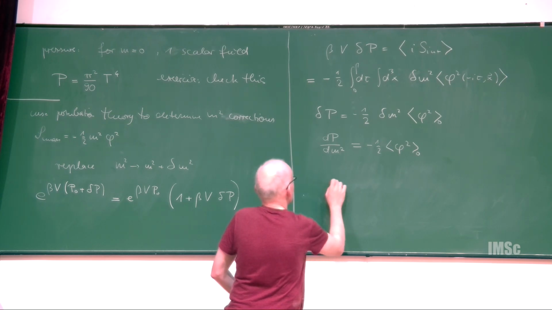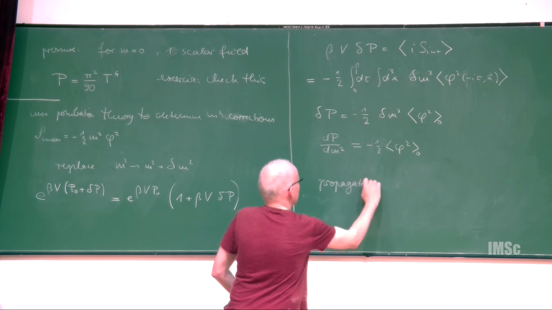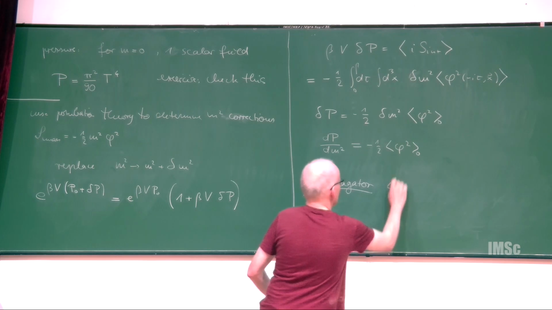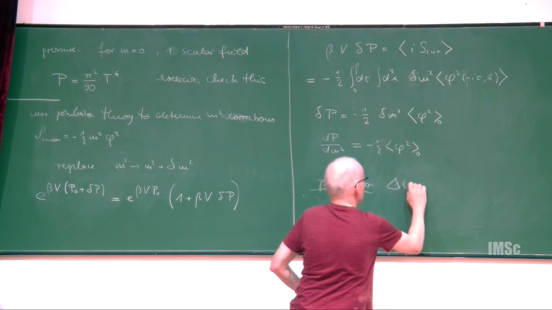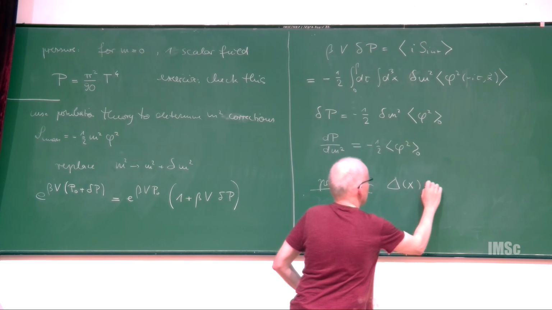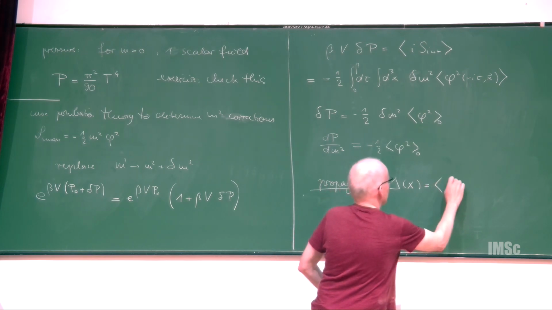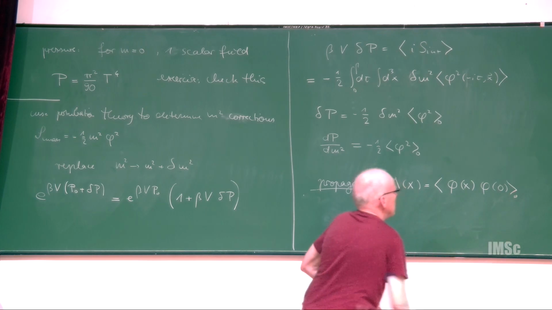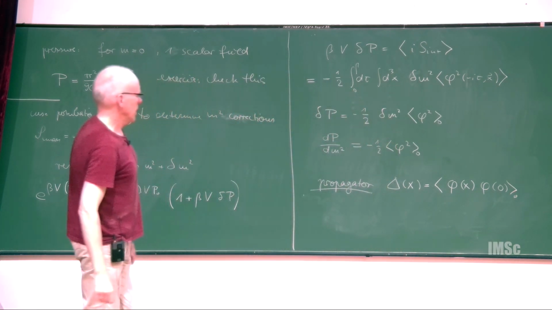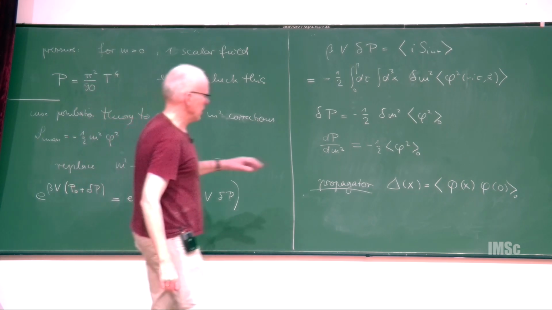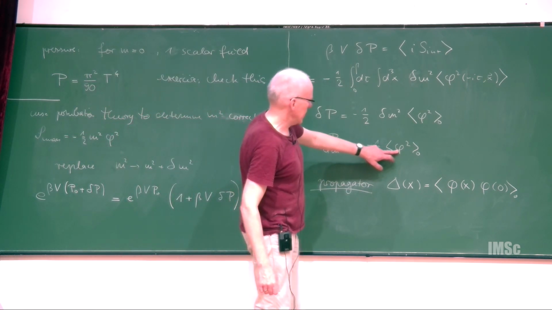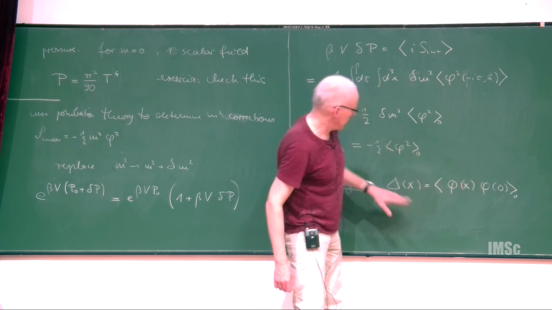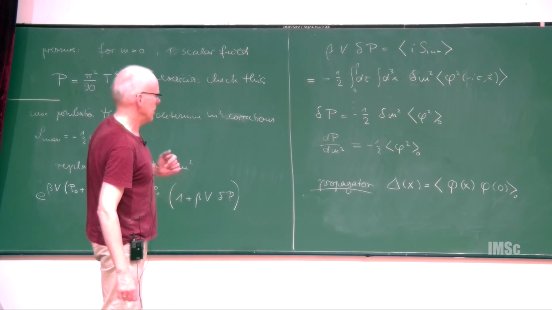These are two-point functions, where the field is at two different points, the so-called propagator of the field, which I call delta of x, phi of x, phi of 0. So phi squared means that both phi's have the same argument, so this would be the propagator at 0.